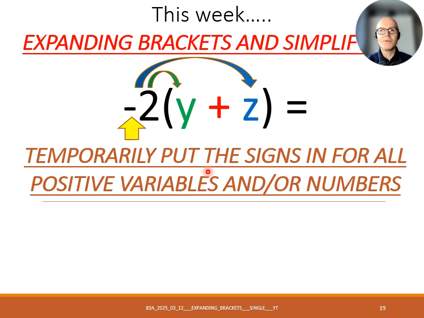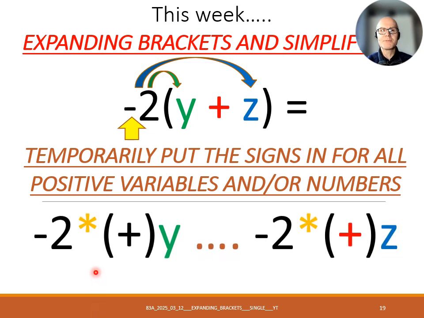This is the method we're going to stick with. Put the positive signs back in for the positive variables and or positive numbers. So, first part of the equation, negative 2 times positive y, split it, negative 2 times positive z.